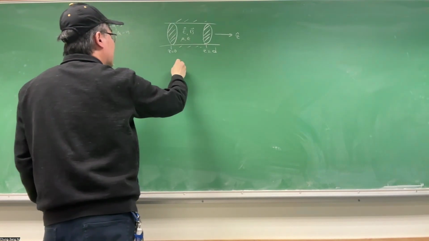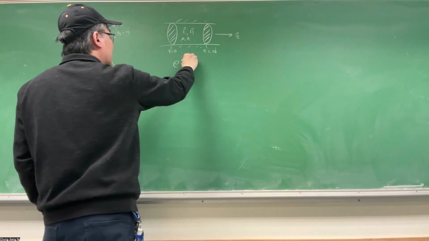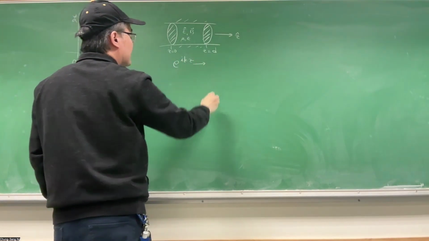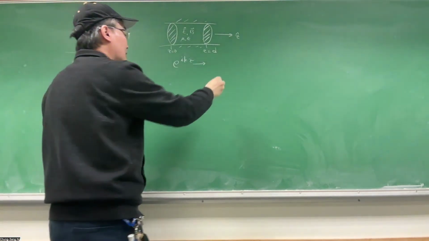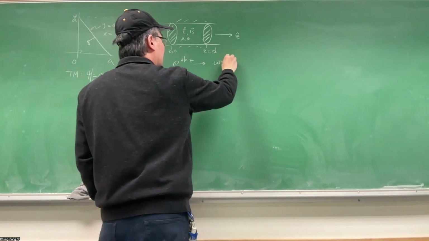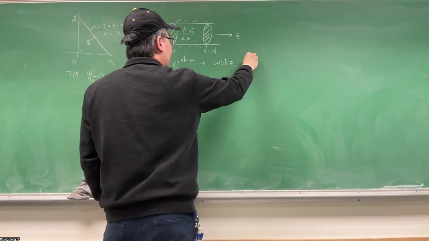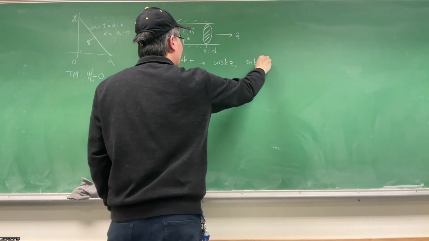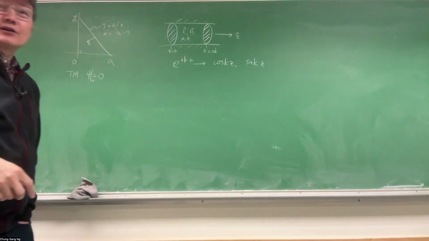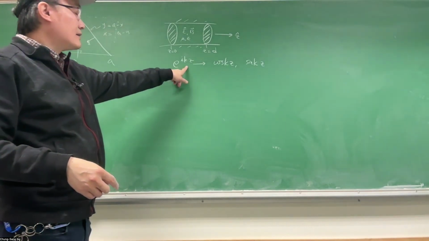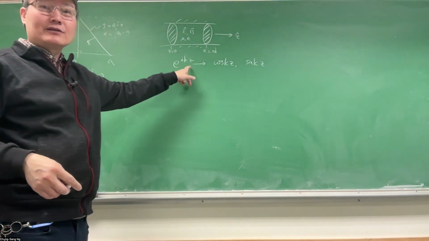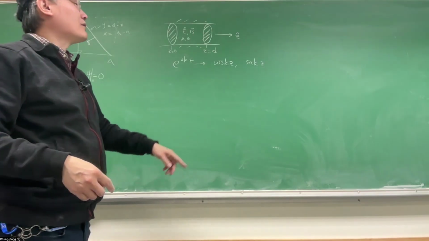One property is that they are standing waves. So along the Z direction, instead of e to the iKz, we change to a standing wave. To represent a standing wave, we can use either cosine kz or sine kz, or a combination of both, because both sine and cosine are combinations of e to the iKz and e to the minus iKz, so they propagate both ways.